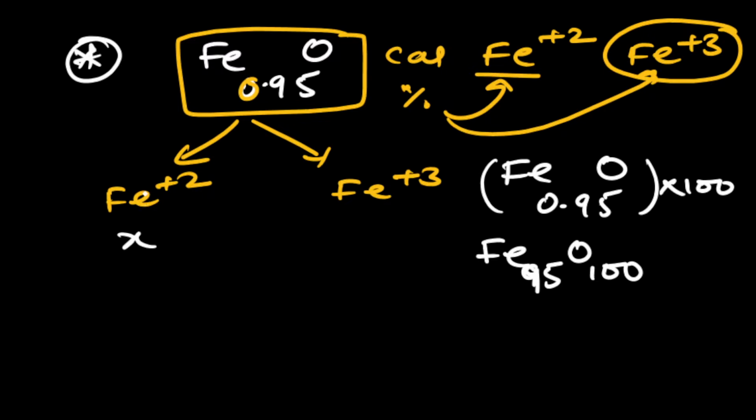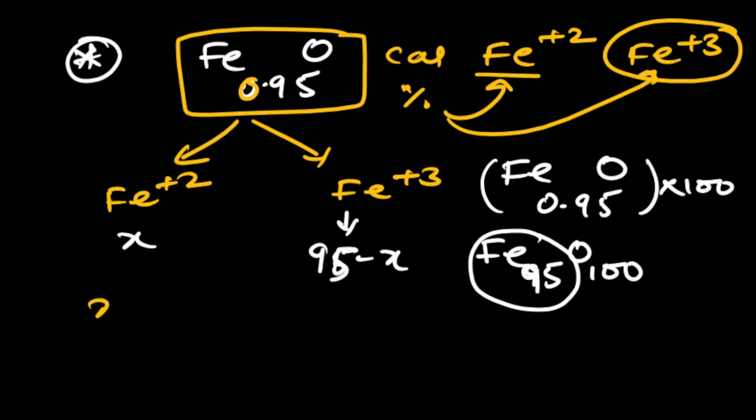So take the Fe+2 as X. Then the Fe+3 will be 95 minus X, because we have 95 of iron in total. If you subtract X from 95, you will get the Fe+3. Then how to identify X? Just the same thing: use the oxidation number of the entire compound to get X. What is the oxidation state of Fe+2? 2, right?